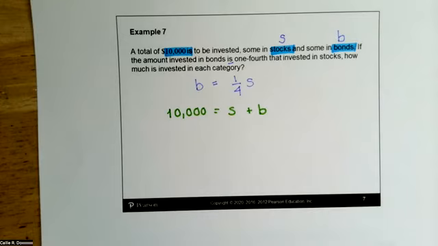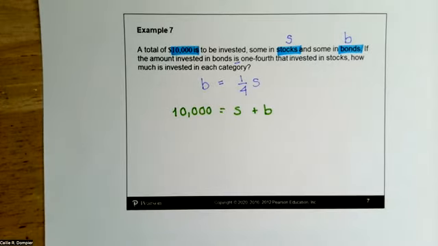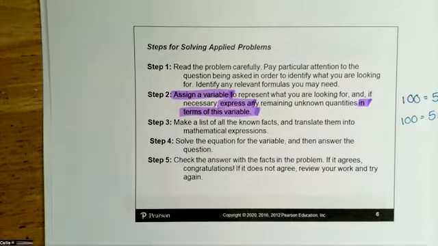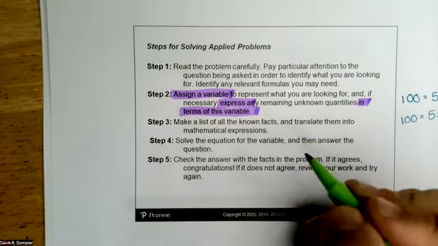Okay. Another important point is express the unknown quantities in terms of that variable. Okay.